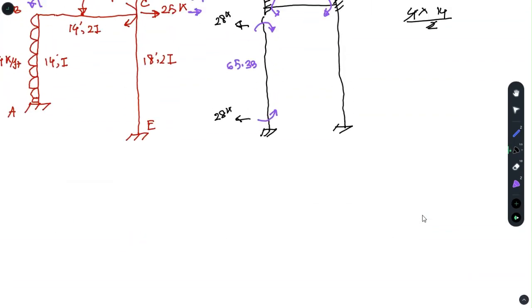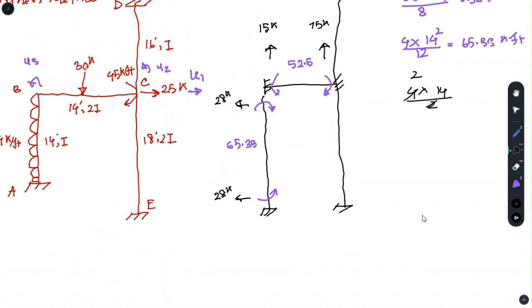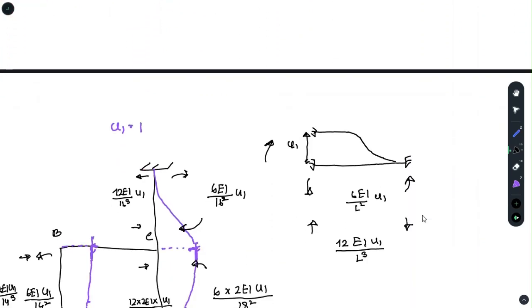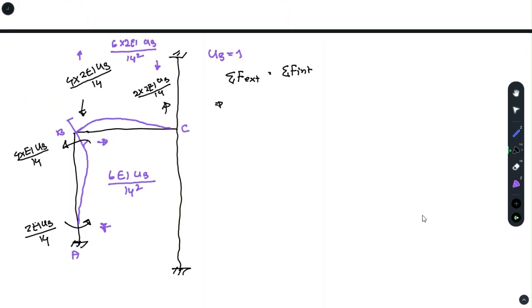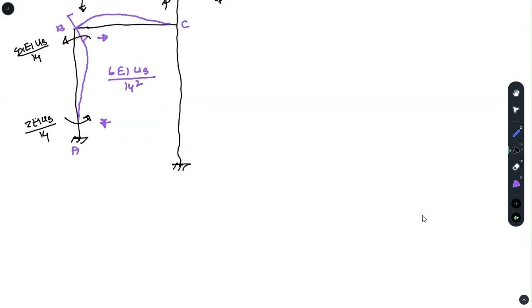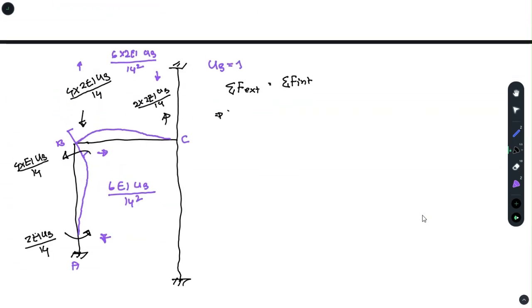Our external force along the frame BC was 25 kip, and 45 kip was our moment. Since we are not considering moments, we are applying only force along this frame BC. Our external force is 25 kip, in the right direction, so we are taking right as the positive direction. So it's a positive 25.